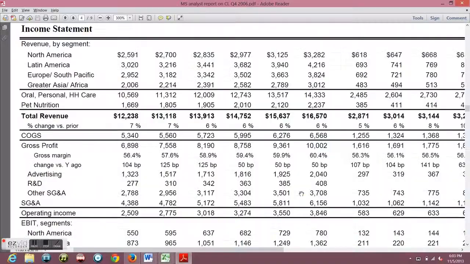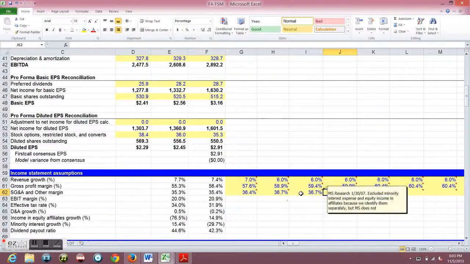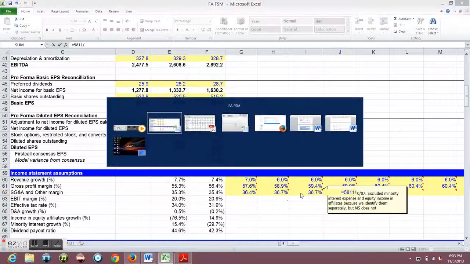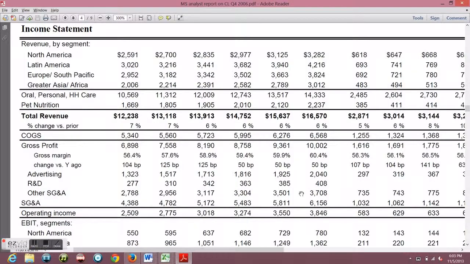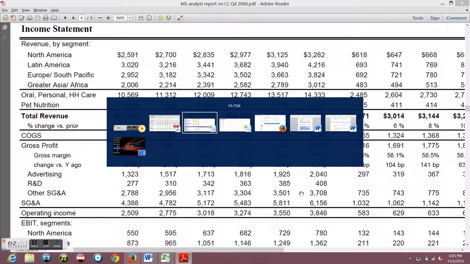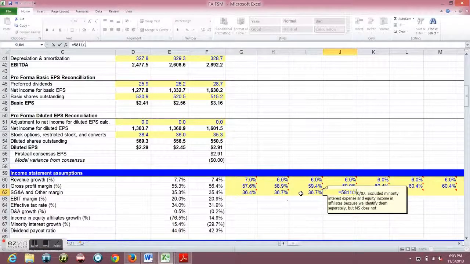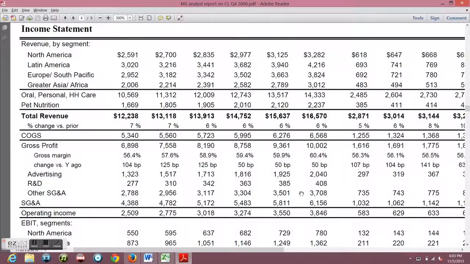Then the next one is going to be 5811 divided by 15,637, minus 0.0044, and I think that was my last year.